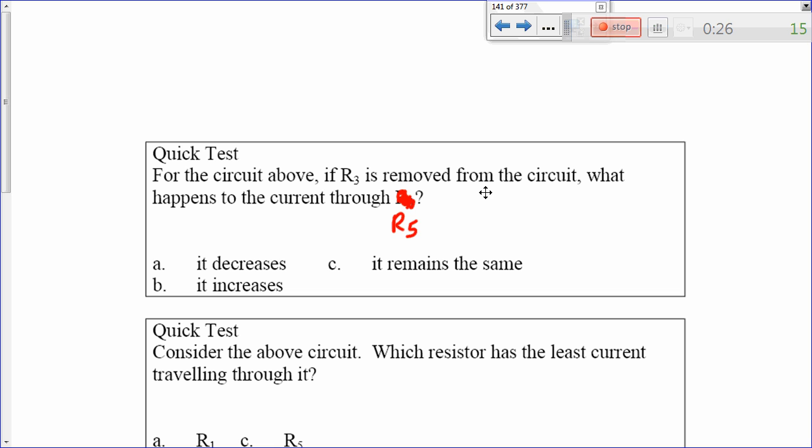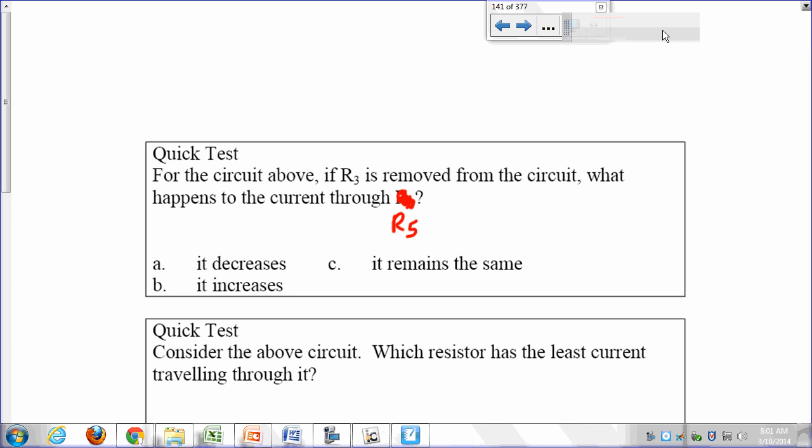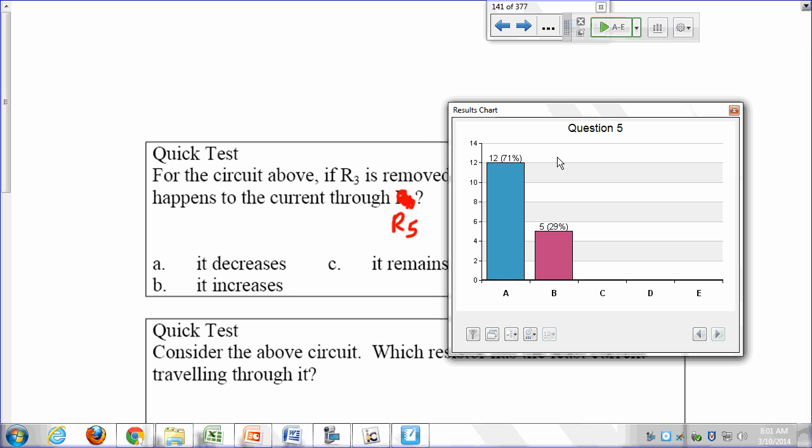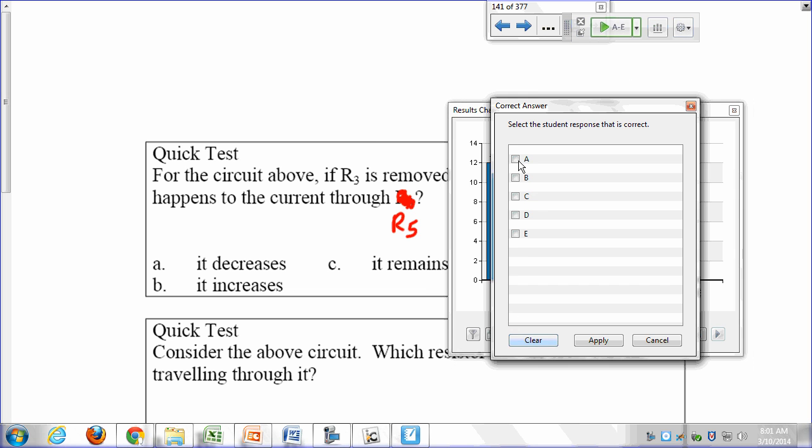Okay, I'll stop at 35. Couple more seconds. Okay, A is correct.